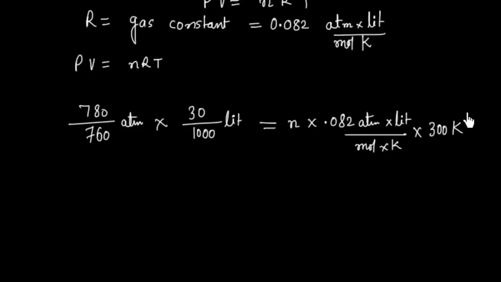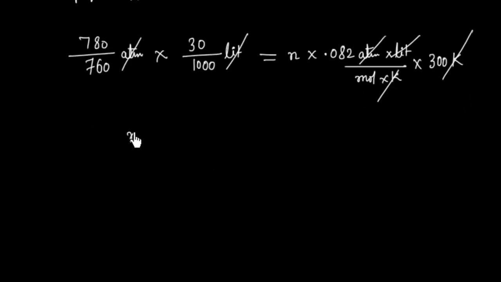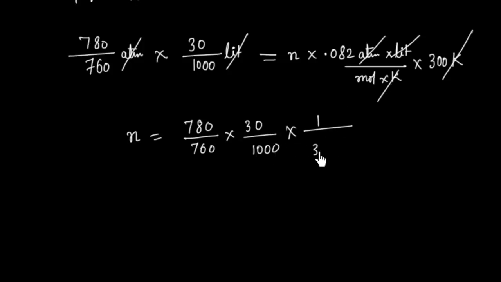So from here we can find mole. Kelvin goes, atmospheric pressure goes, liter goes. So we will have n equals 780 divided by 760 into 30 divided by 1000, multiplied by 1 divided by 300 into 0.082.